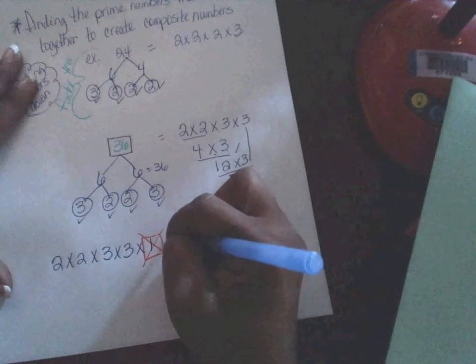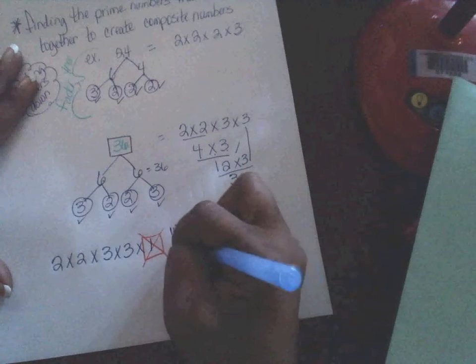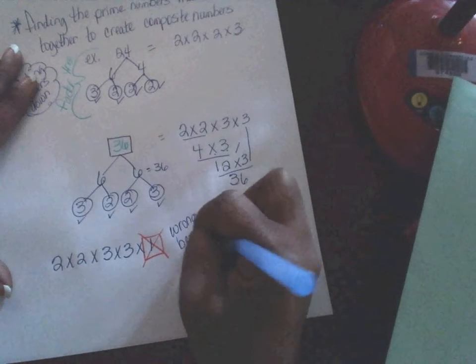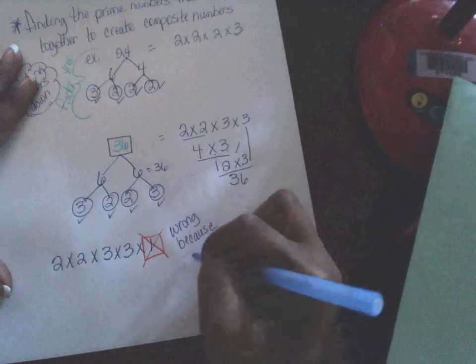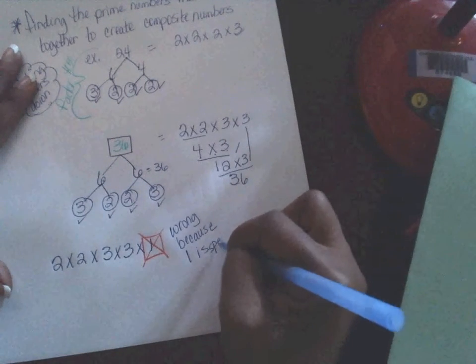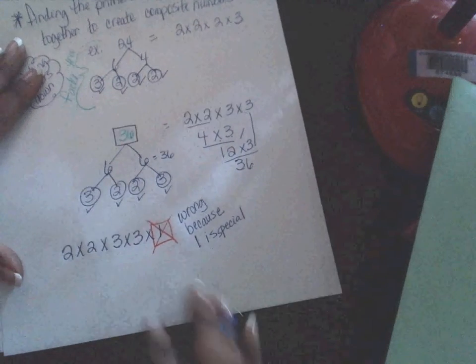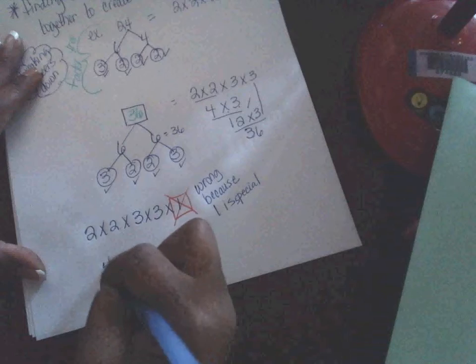That is incorrect. It's wrong because 1 is special. It is not prime. It is not composite. Okay? 1 is special.